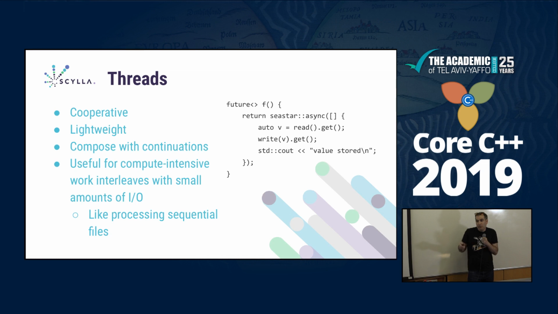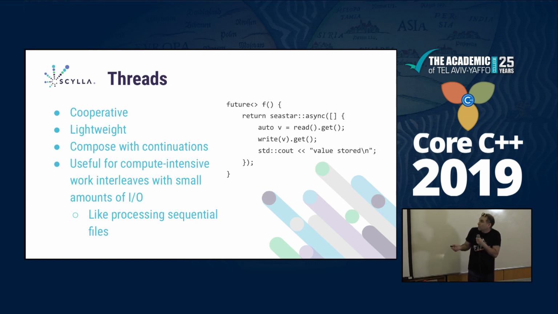And internally, they just compose to core continuations, the same continuations that are used to implement future continuations. And because of that, they compose very well. We can use the same get and put operations in a thread. We just call the function, so if we have a read that returns a future, we just call get.